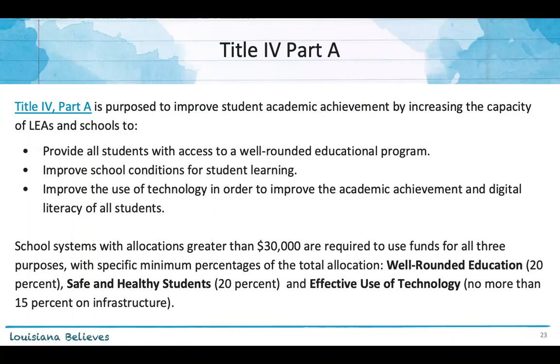School systems are required to use 20% of Title IV funds to provide students with well-rounded educational opportunities, 20% for safe and healthy students, and use a portion of Title IV funds for the effective use of technology. Systems with allocations less than $30,000 are only required to use funds to support one of three content areas.